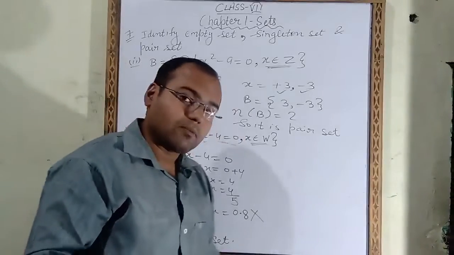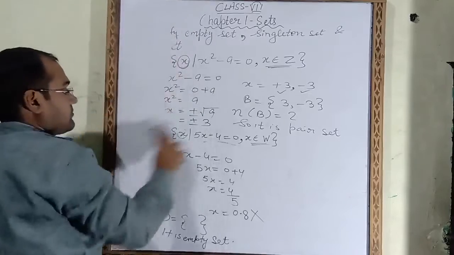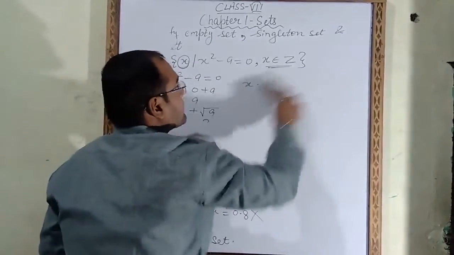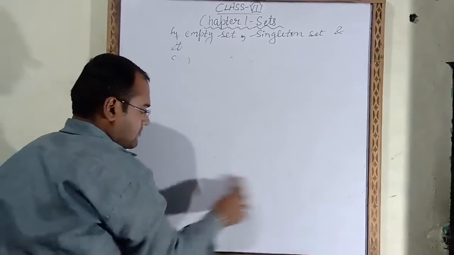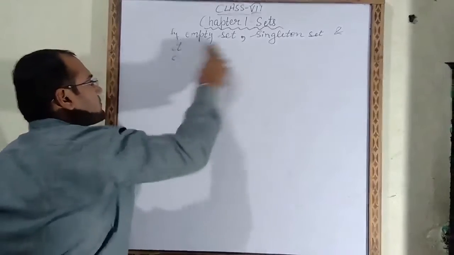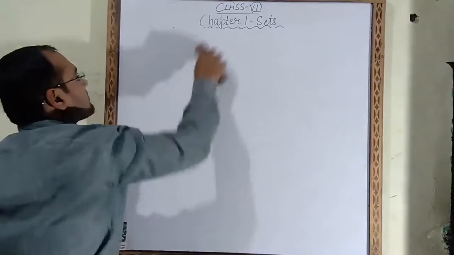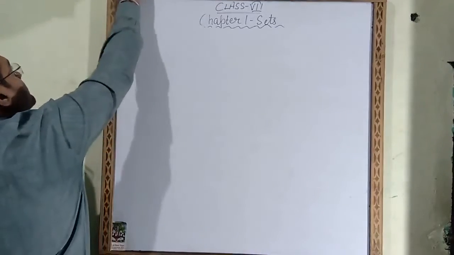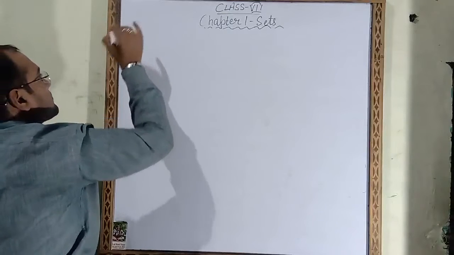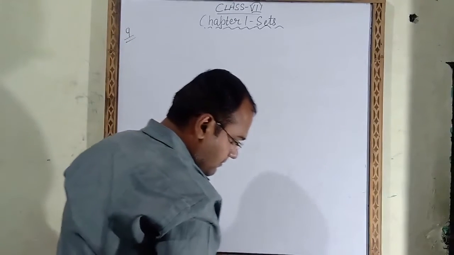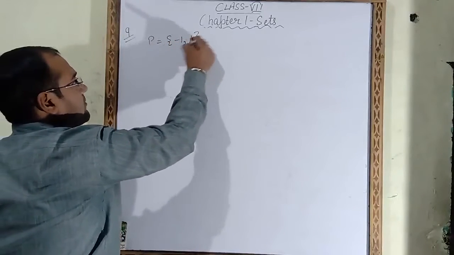Now see question number 9. P set is given: -1 and 1.